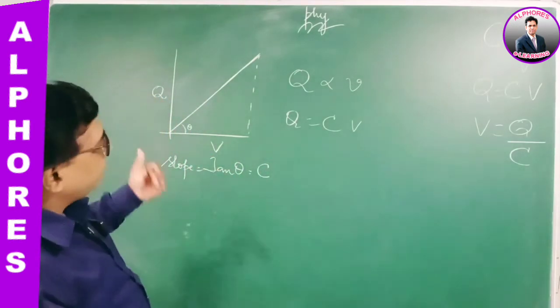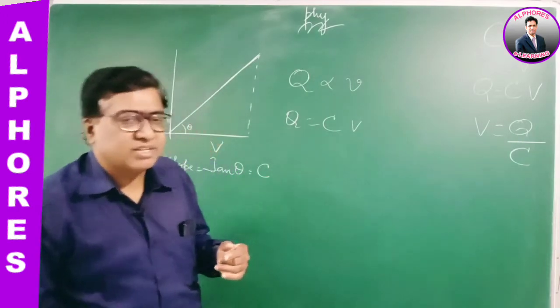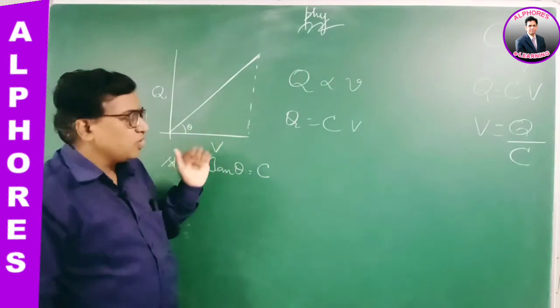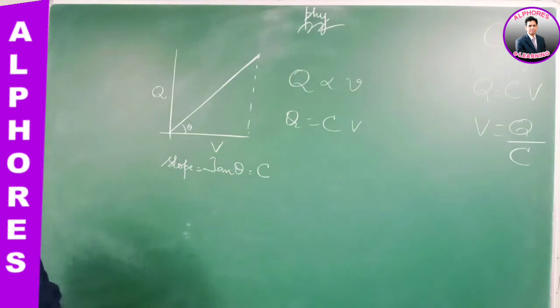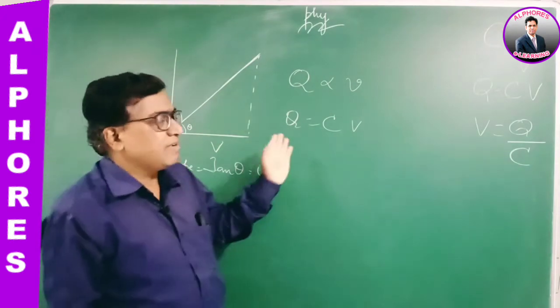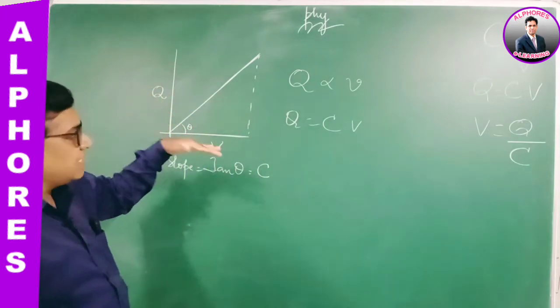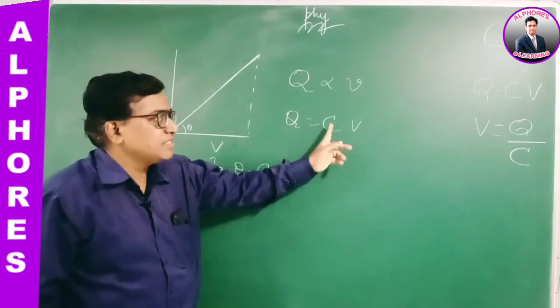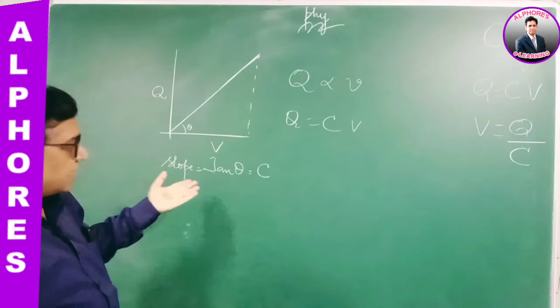When you draw a graph between Q and V, charge and potential, the graph is a straight line passing through the origin, like y is equal to mx. The y-axis is charge, the x-axis is potential, so m is C, the slope is C, tan theta.